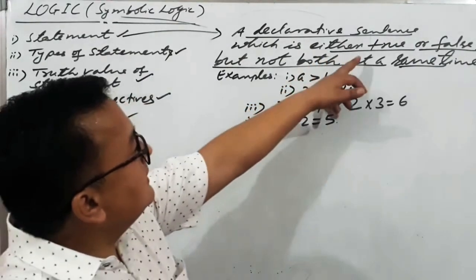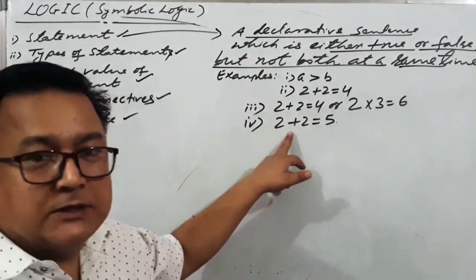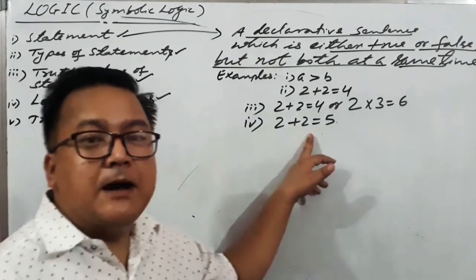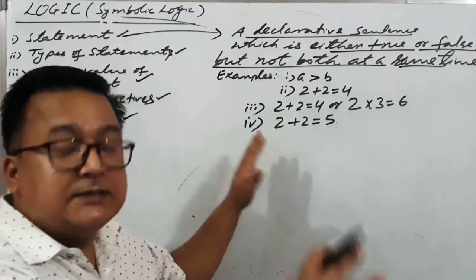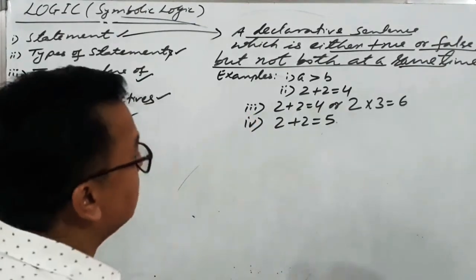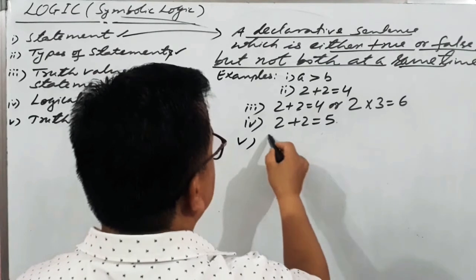So see, either true or false. I have written 2 plus 2 equals 5, although this is not equal to 5, right? But this is a statement, a false statement.